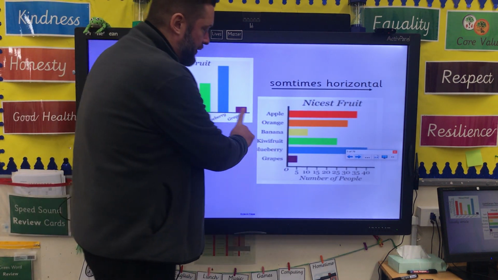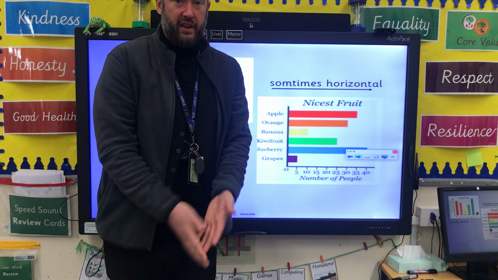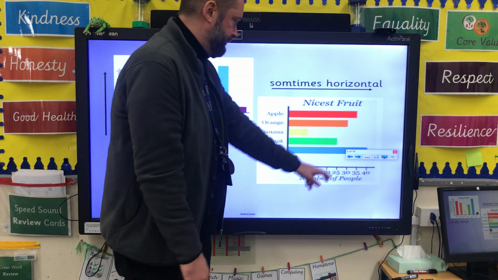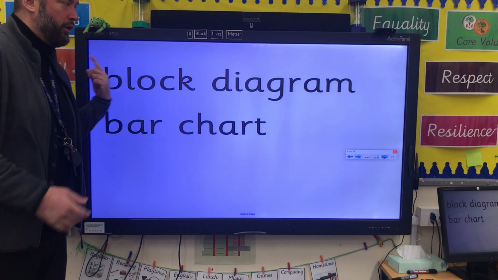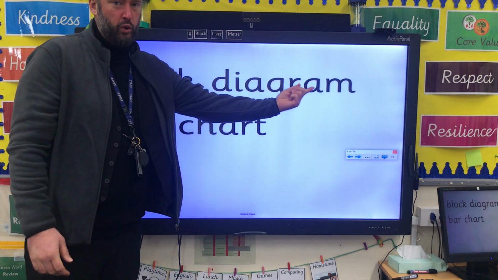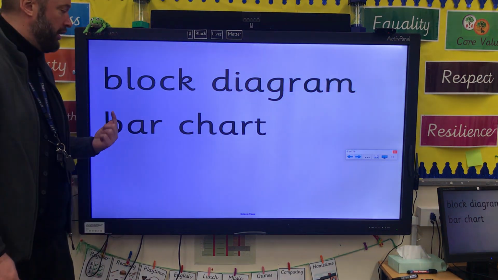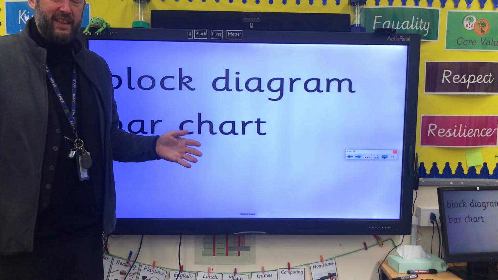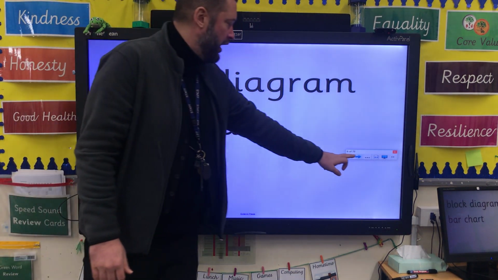This block diagram, you read the scale horizontally. All of our block diagrams are vertical. Okay, so we call them at school block diagrams, but you might hear them called bar charts. They are exactly the same thing, okay? Bar charts and block diagrams are the same thing.